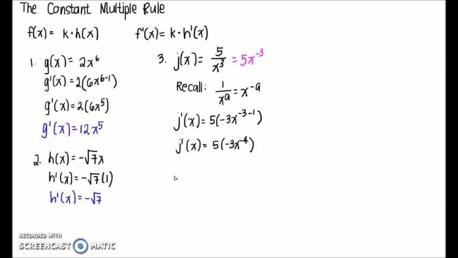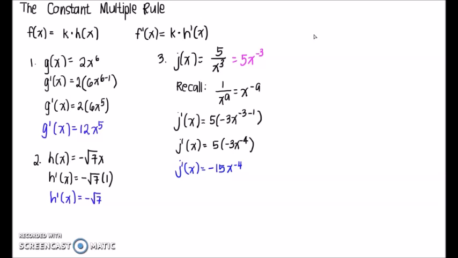But then again, we can still simplify this further, which will give us the derivative of j of x is equal to negative 15 x raised to negative 4. How did I get the negative 15? Simply multiplying 5 and negative 3.